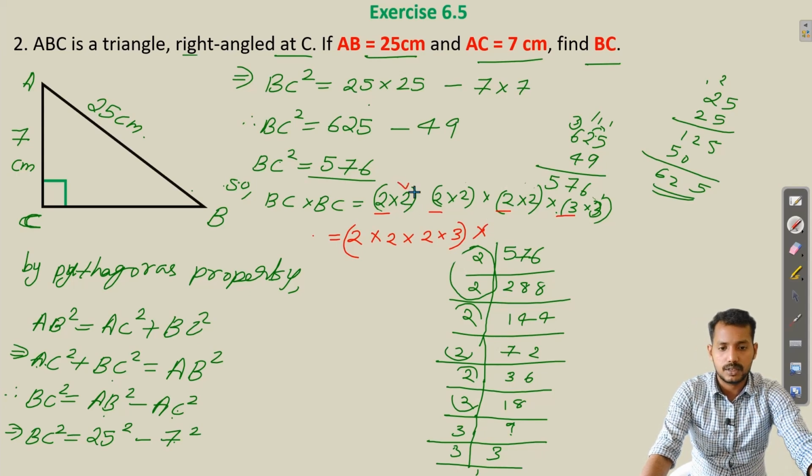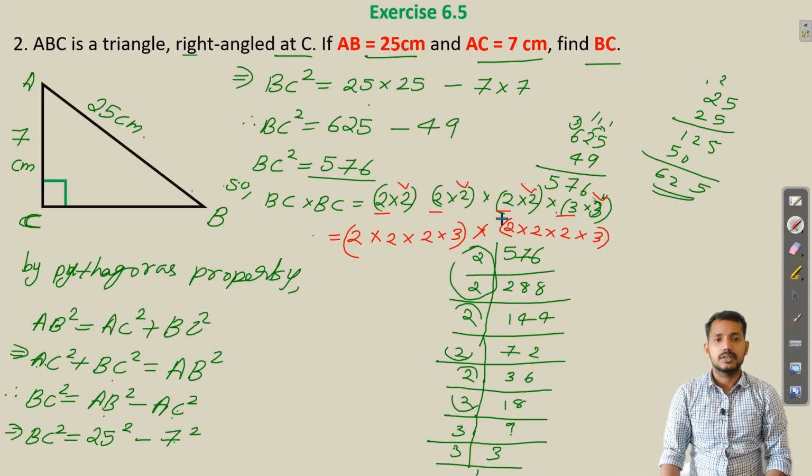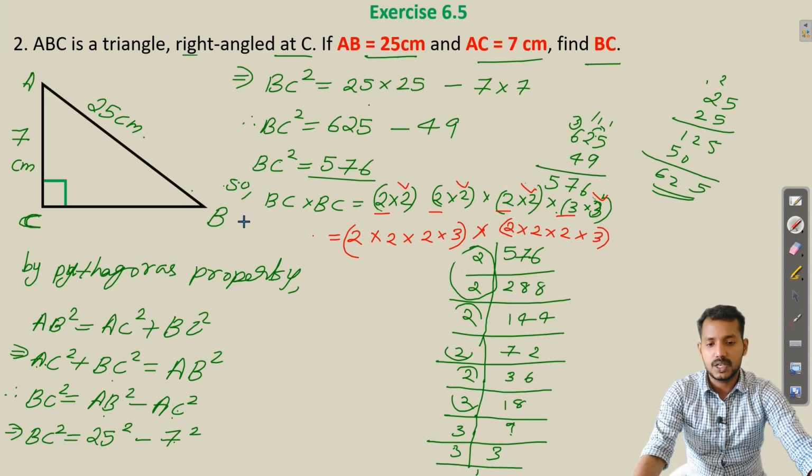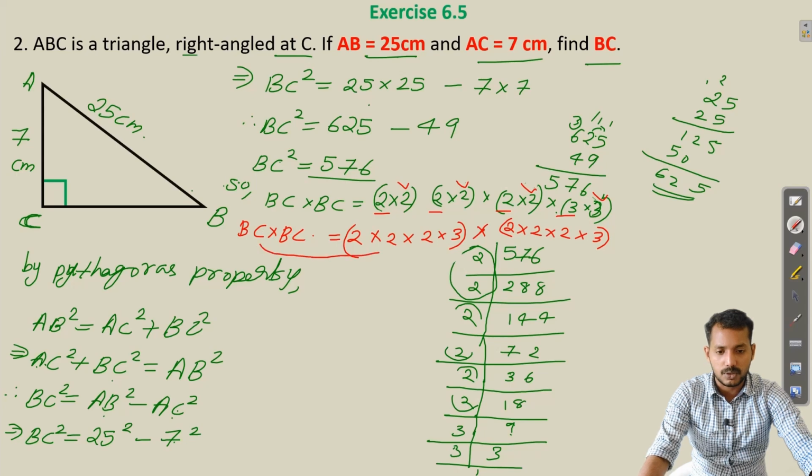Then one more 2 here, from the second pair the second 2, from the third pair the second 2, and from the pair of 3 the second 3. So now I paired these numbers. That means BC into BC is equal to 2 into 2 into 2 into 3 into 2 into 2 into 2 into 3. Then one BC will be equal to this one, and the second BC will be this one. So therefore we can write.